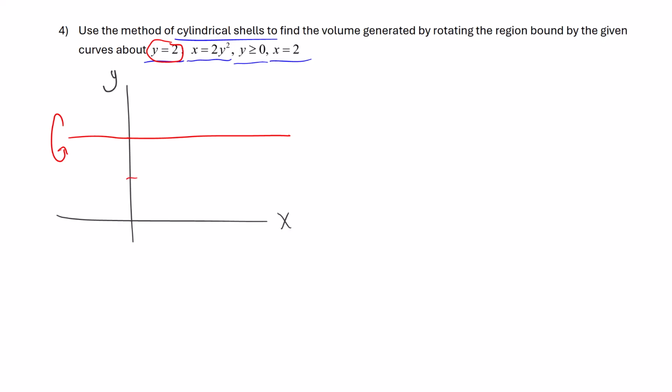On that, we have some other constraints, so let's get these down. So x equals 2, that's the vertical line where x is 2. So we know we're going to be kind of cut off right there as well. And then we have this x equals 2y squared. Now you could think of that in a couple ways. You can do just a basic table. Let's do that.